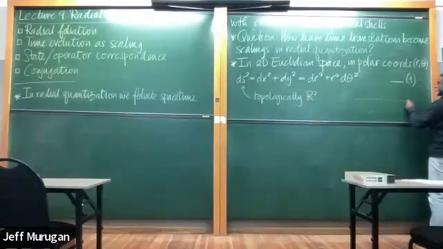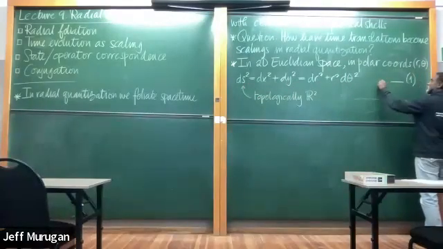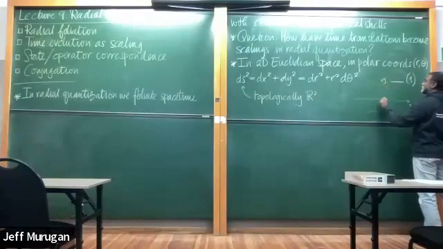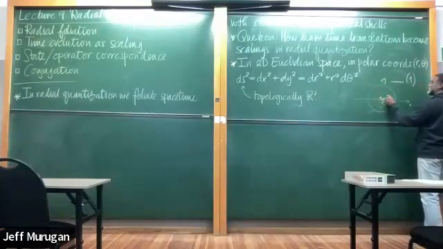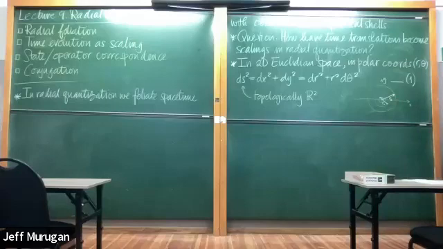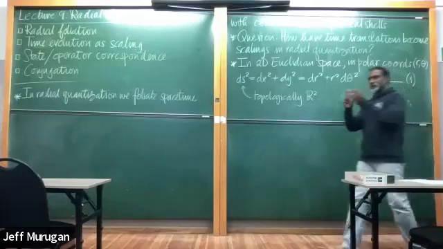So let's take this R^2. And what we want to do is foliate it with circles of constant radius: 1, 2, 3, etc. Okay, so this is what I mean by foliation.